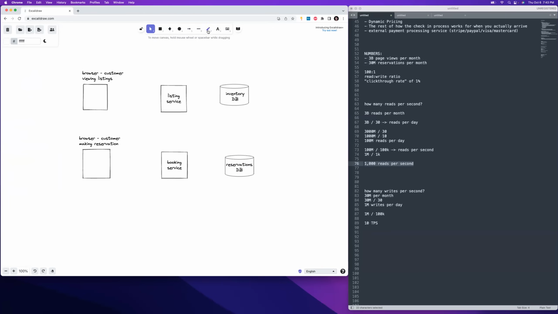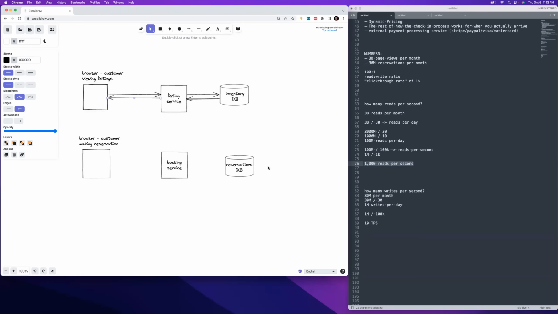Okay, so you have a request come in. They want to see what rooms are available. So this is going to go ahead and fetch that from the inventory. The inventory is going to give you a listing that meets the criteria that you're searching for. And then you're going to show that to the customer.